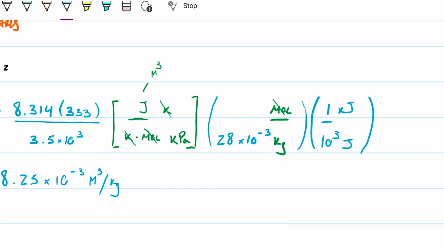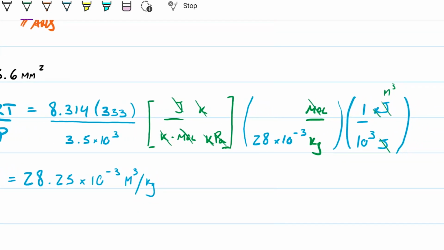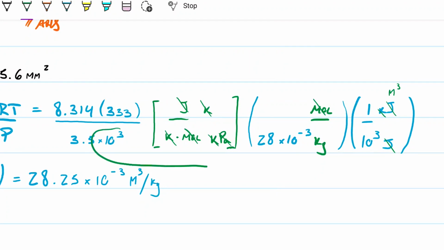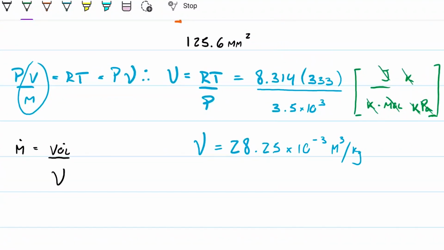And that's the last piece of the puzzle. Then I can remove the kilo, and this Pascal removes this joule, and I'm left with meters cubed. So that's where the minus 3 comes in, because if it were just these two, they would just eliminate each other. Okay, we're good.